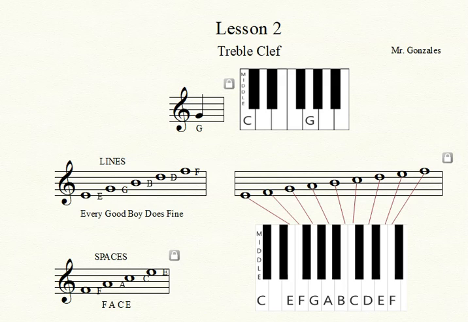This G is above middle C, the C nearest the middle of a keyboard. If we look here, this part of the treble clef is almost a circle, and this is what encompasses that second line, or the G line.